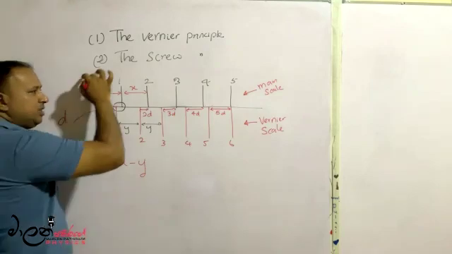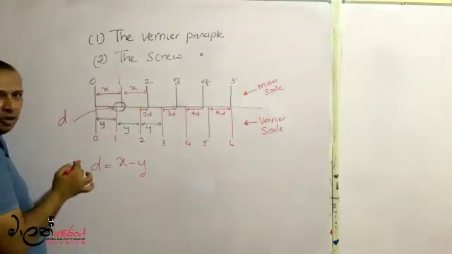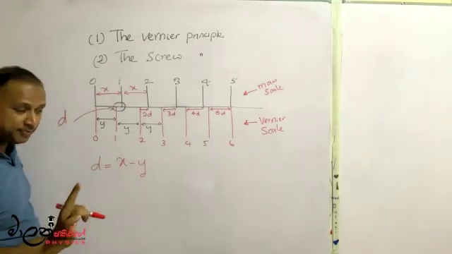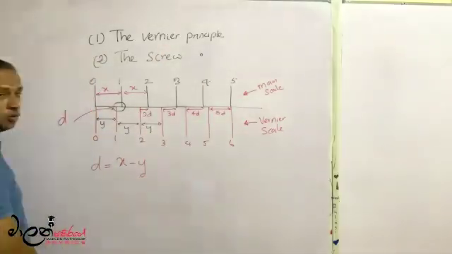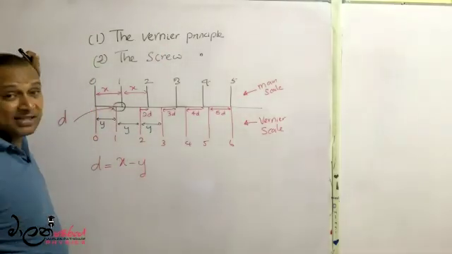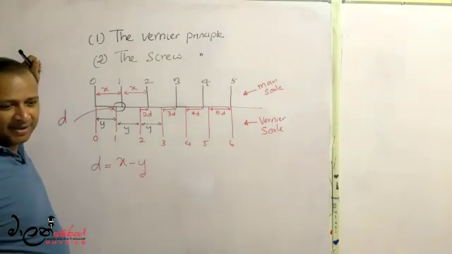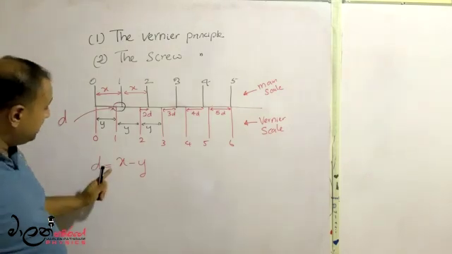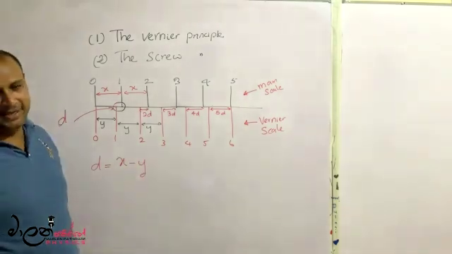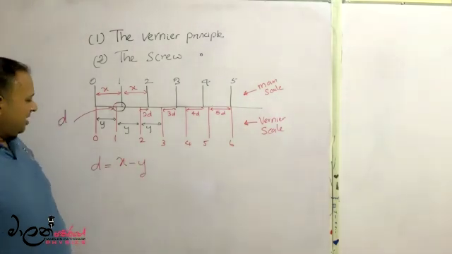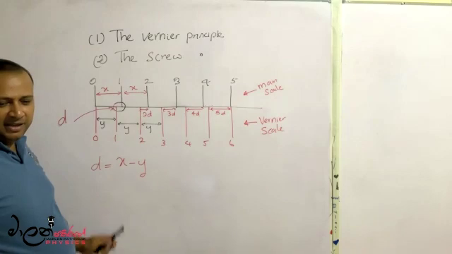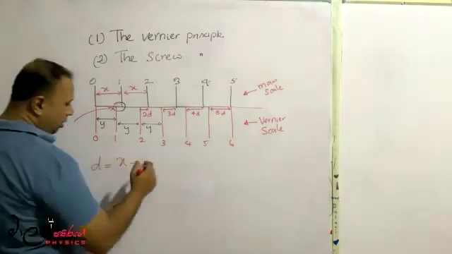By combining these two scales, we can reduce the smallest gap that can be measured using this entire instrument up to x minus y. That is a very, very small value, because it is very much less than x as well as y. Okay, now we can calculate the least count. This is the least count of the instrument.